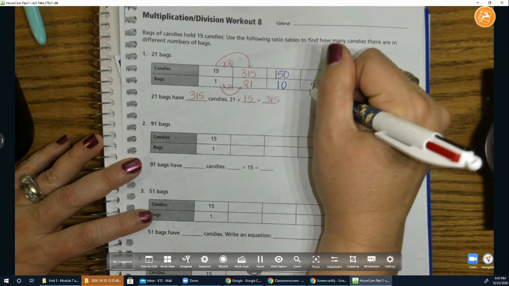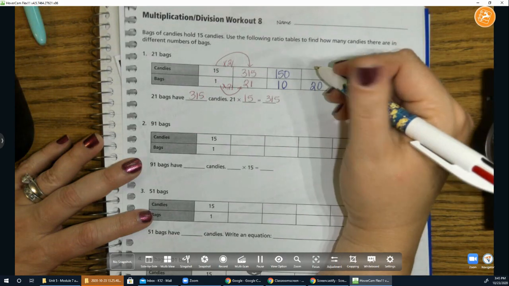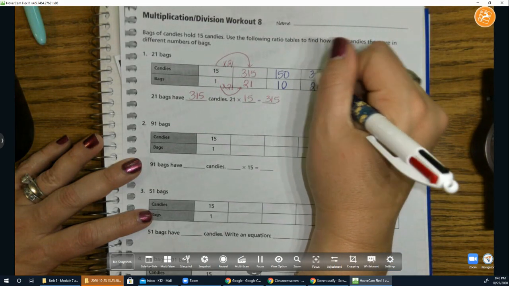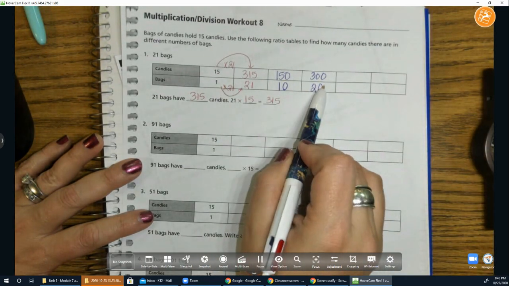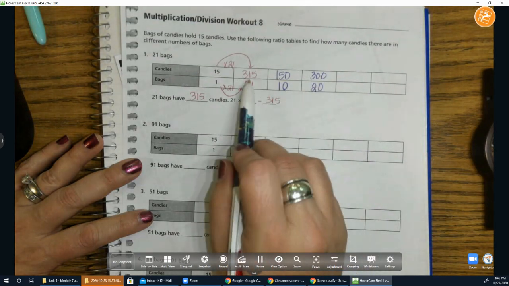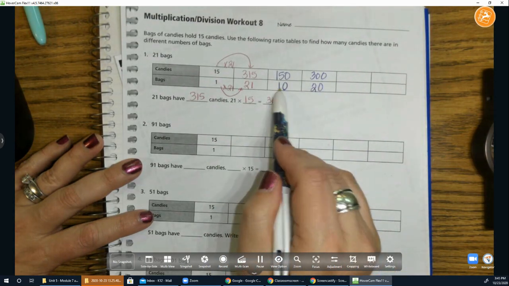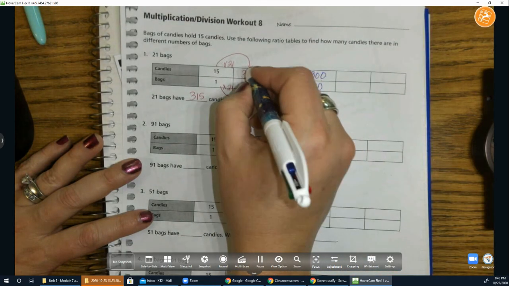And I can get to 20 by doubling 10, so doubling 150 gives me 300. Then all I have to do is add 15 more to 300 and get 315. So there are 2 separate ways we can do this and still come up with 315.